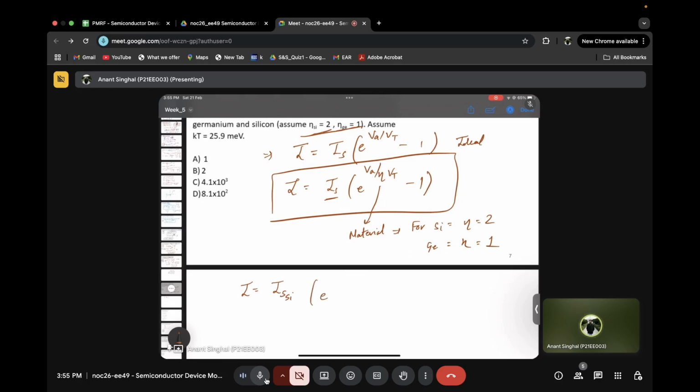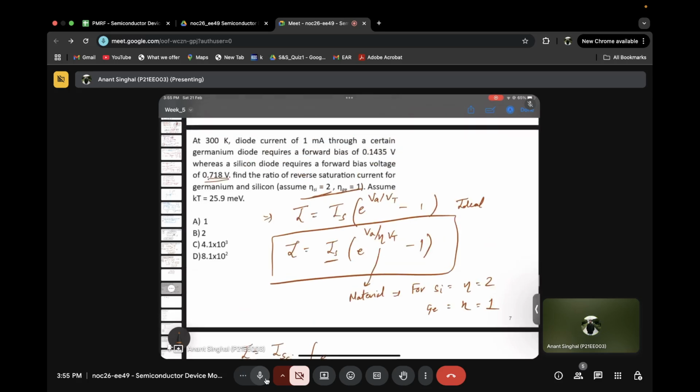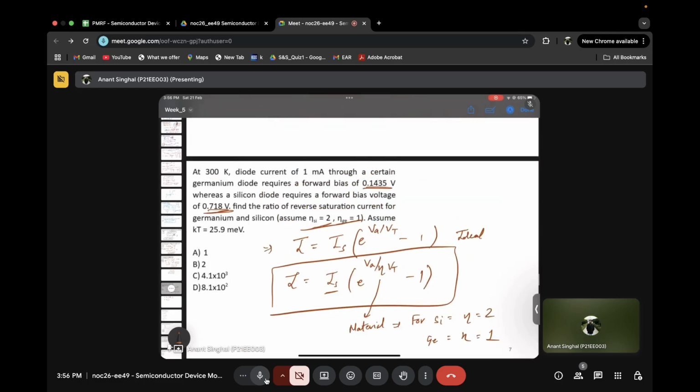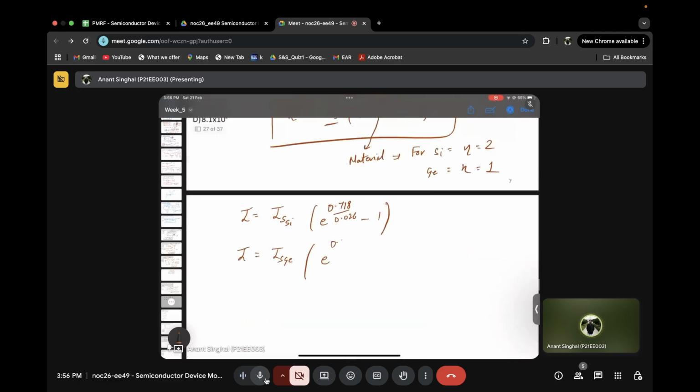It is exponential of 0.718 over 0.026 minus 1, and the same current for germanium is exponential of 0.4135 over VT minus 1.